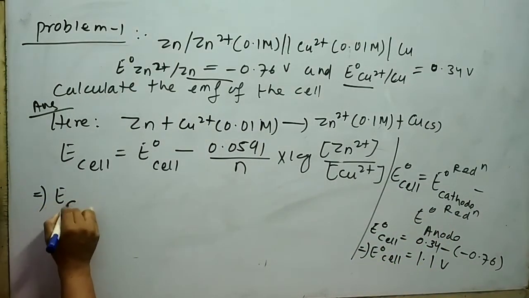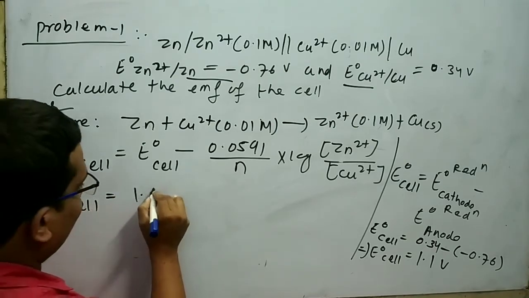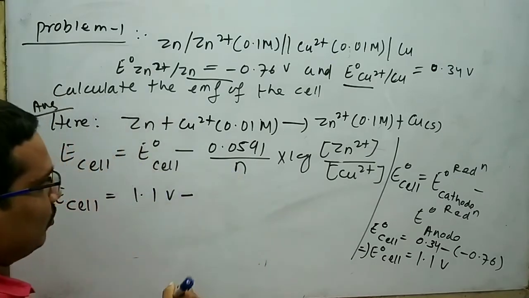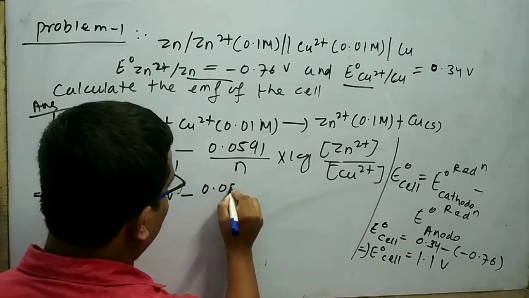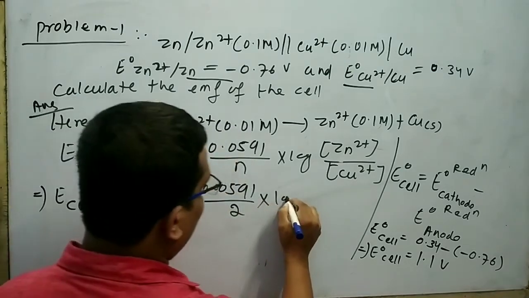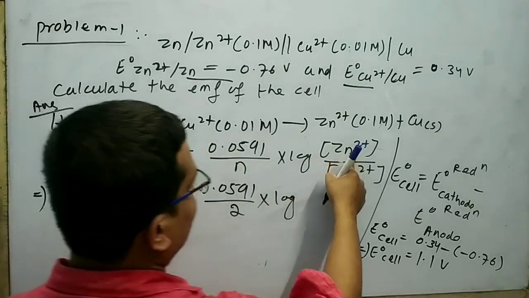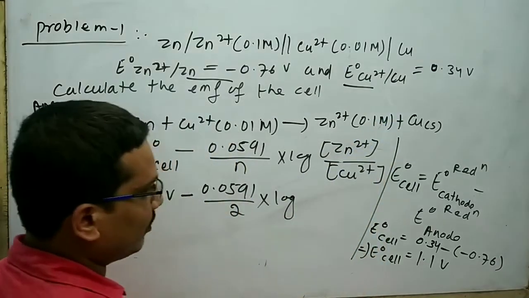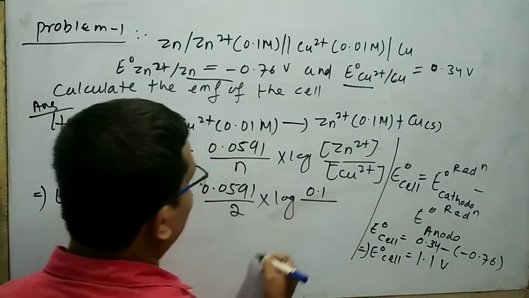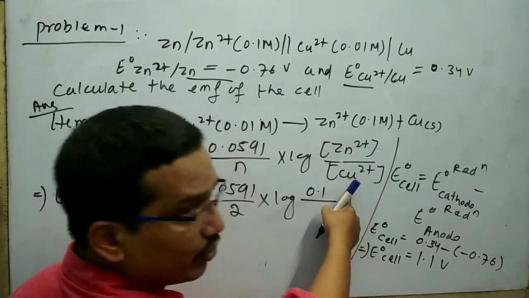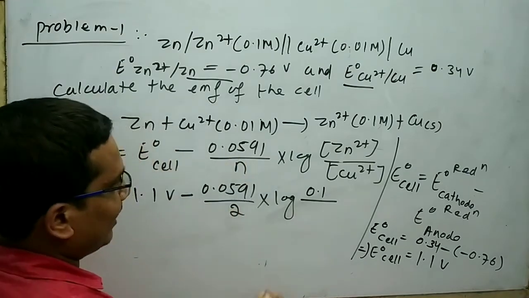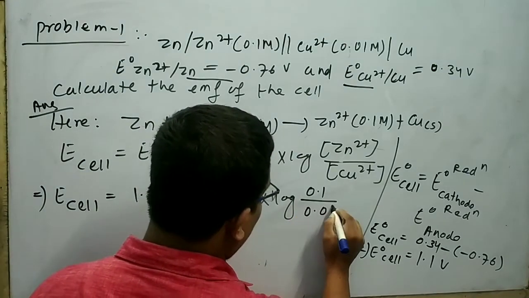Now put the value of E0 cell here. So I can write E cell equals 1.1 volt minus, the value of n is 2, so 0.0591 divided by 2 into log of, here the concentration of Zn2+ is 0.1, so 0.1 divided by, the concentration of Cu2+ ion is 0.01 M, so 0.01.